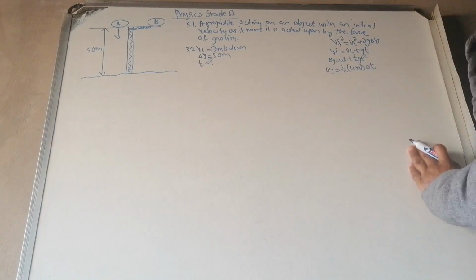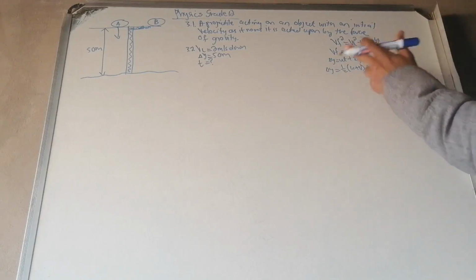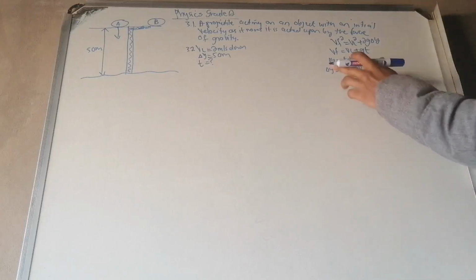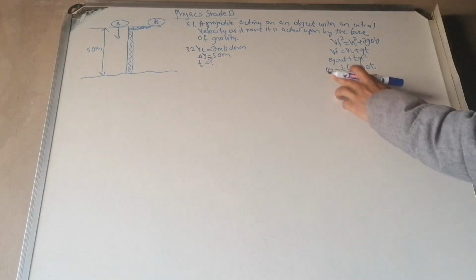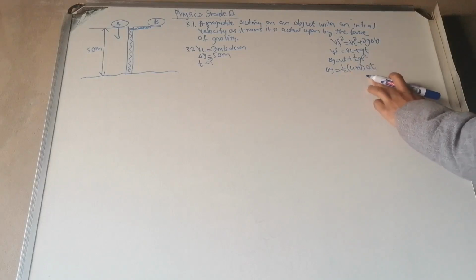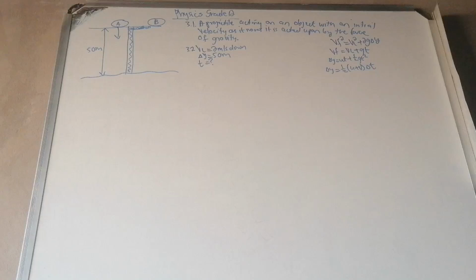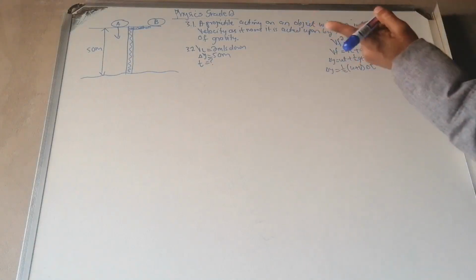If you try to use the third one, you don't have acceleration, you don't have time, you are in trouble. If you try to use the last one, you don't have the final velocity, you don't have the time. So if they say using the equations of motion, you must assume that the acceleration of the stone, as it is thrown downwards, is 9.8 meters per second squared. It forces you to do exactly that. So let's first find the final velocity using the first one.